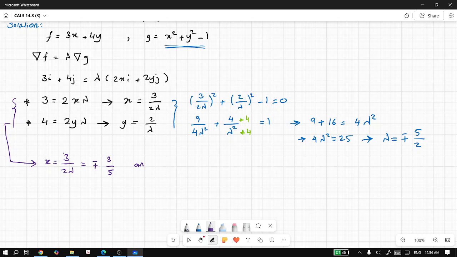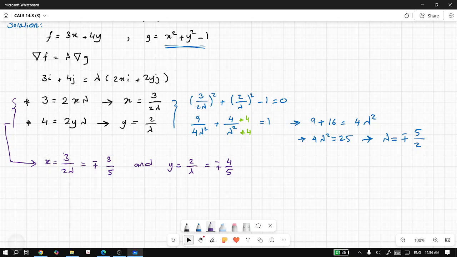And y is equal to 2 over lambda. Substituting lambda as plus or minus 5 over 2, we get plus or minus 4 over 5.